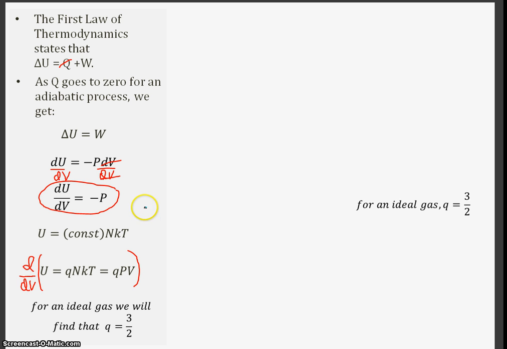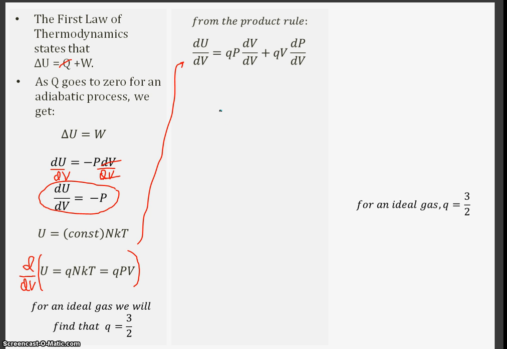From the product rule, we find dU/dV is QP times dV/dV. First you take the differential of the V, and then you take the differential of P with V, so you add QV times dP/dV. But of course, dV/dV is like dx/dx. It's just 1, so we can cancel that out. And we have dU/dV is QP plus QV dP/dV.